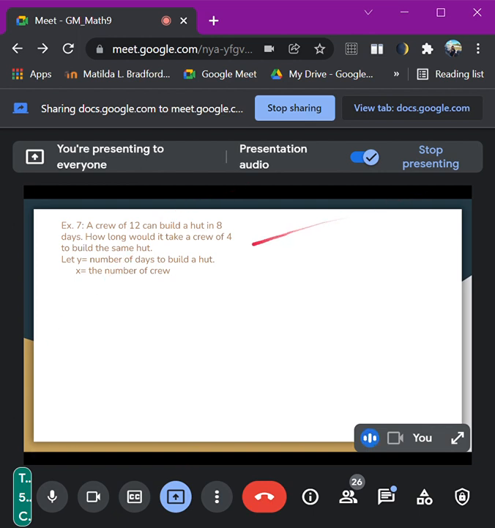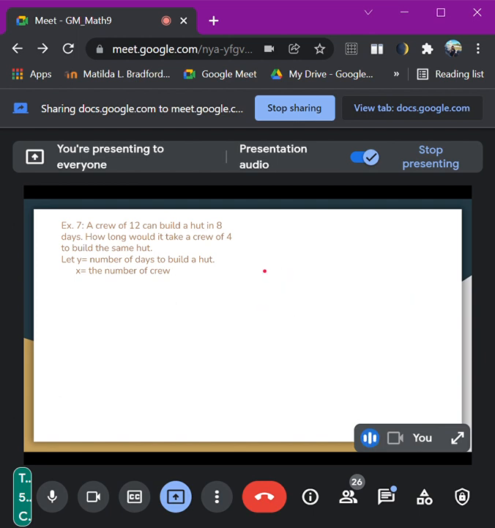How long would it take a crew of 4 to build the same hut? Okay? You will encounter many of these problems, class, in grade 10, 11, 12, and college. And what you will apply is variation. So, you can say that you understood this, class.